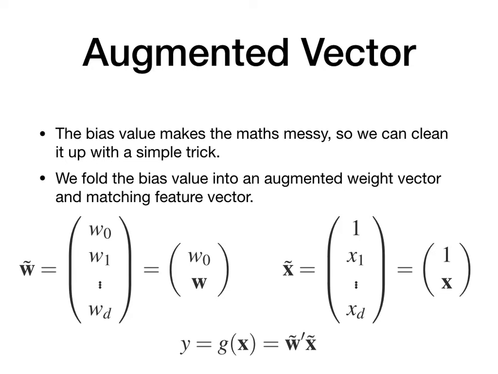Then when we want to work out the y value, all we need to do is multiply the W tilde and the X tilde vectors together, and it makes things simpler. We don't have that horrible plus W0 anymore, because we have W0 times 1, which of course is W0. So this is just a simple way to clean the maths up.